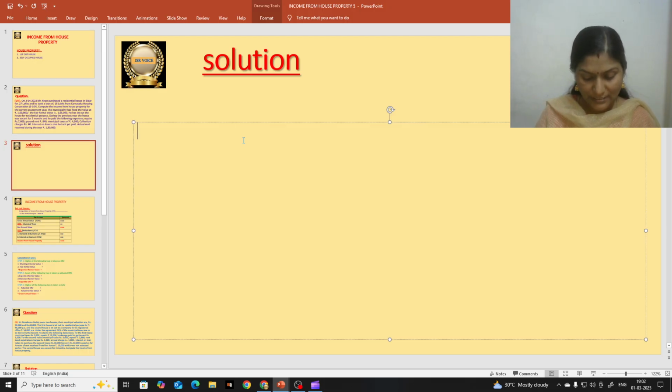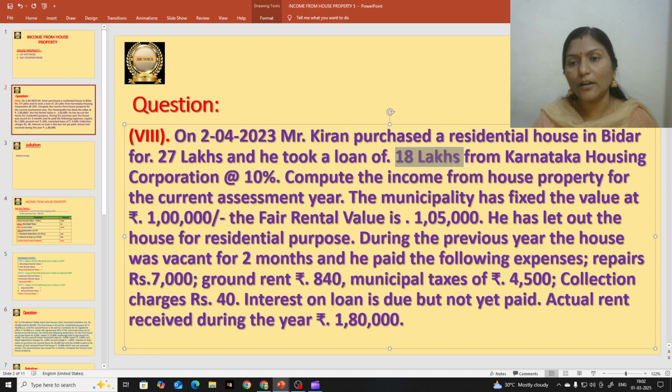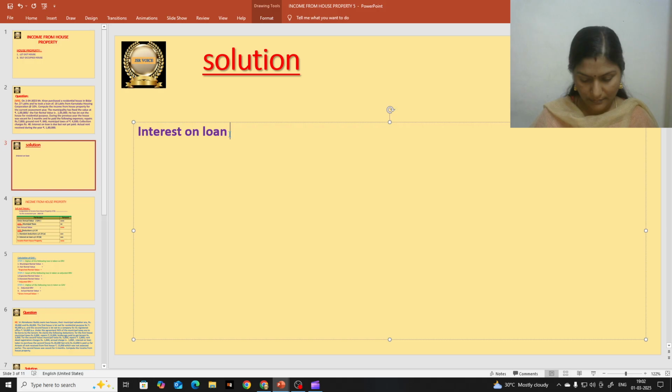Here we will take first interest on loan. How much percentage? You can see clearly this is 10%. On how much amount should we calculate? On 18 lakhs. So, 10% on 18 lakhs.